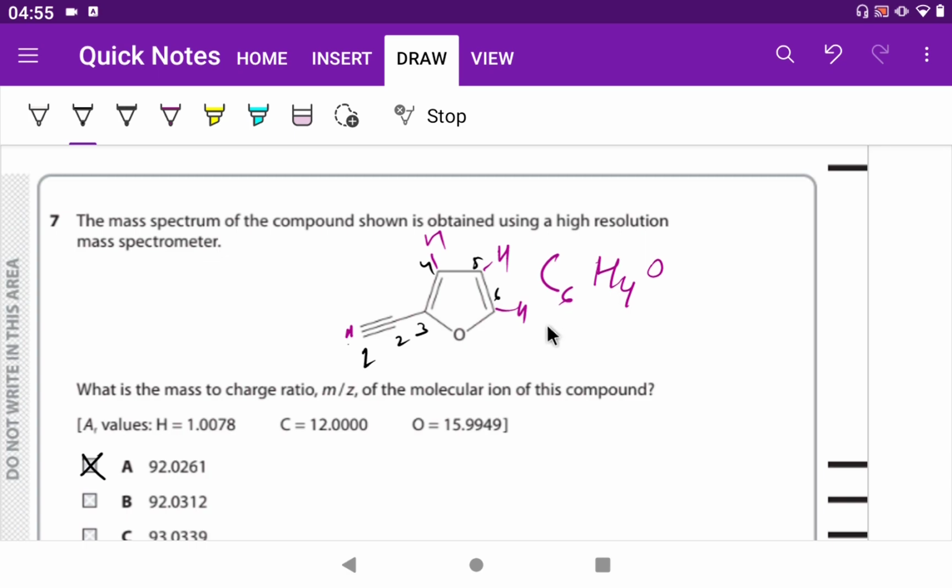So this is the molecular formula of this compound. Now I need to find the Mr of this. So 12 times 6 plus 4 times 1.0078 plus 15.9949. After calculating, we will get 92.0261. So the correct answer will be A.